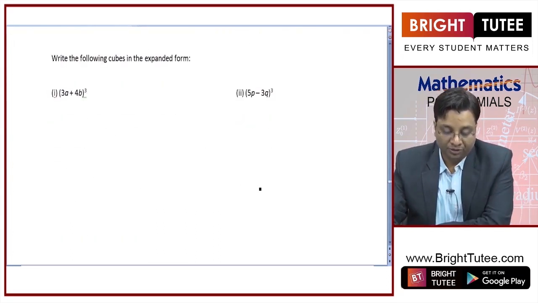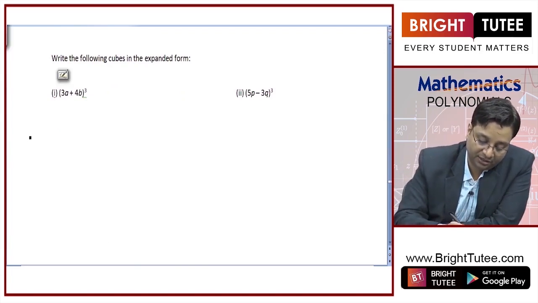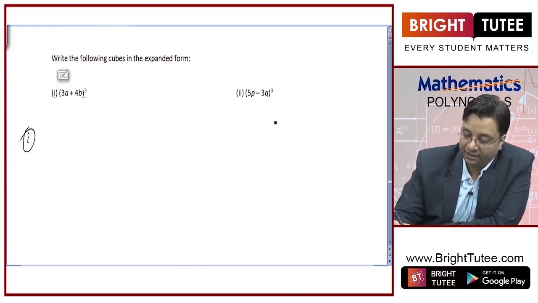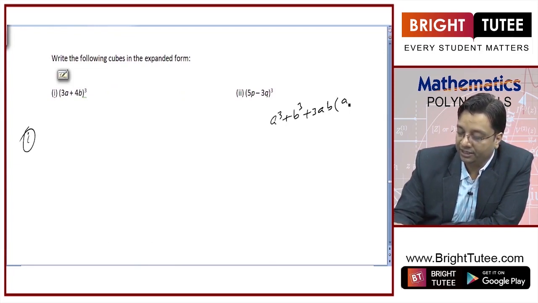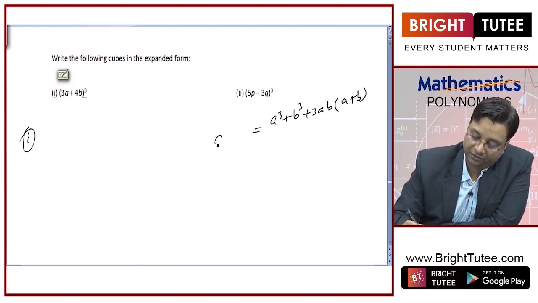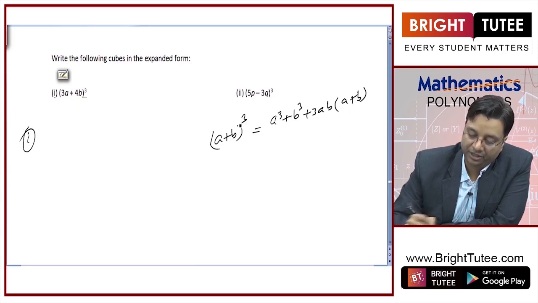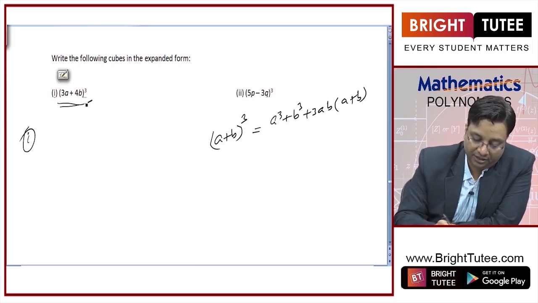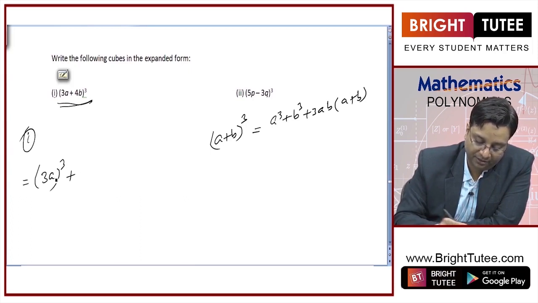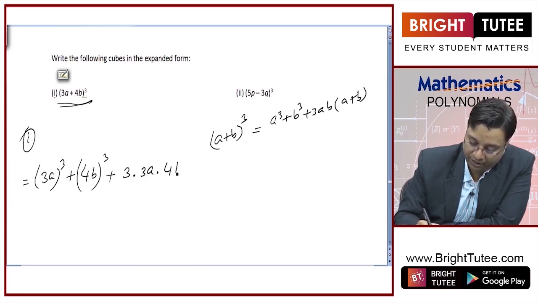Write the following cubes in expanded form. So these are just simple identities, a cube plus b cube plus 3ab, a plus b, if you have got a cube of a plus b. In this case it will be 3a whole cube plus 4b whole cube plus 3 into 3a into 4b into 3a plus 4b.